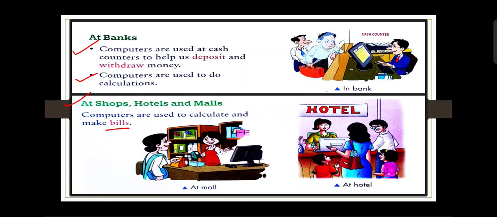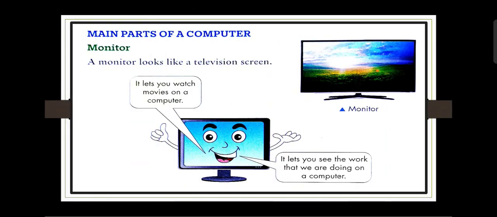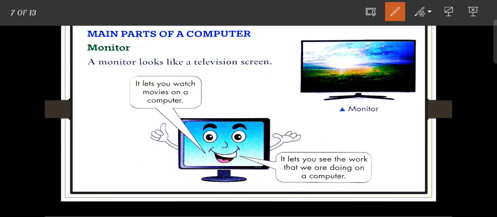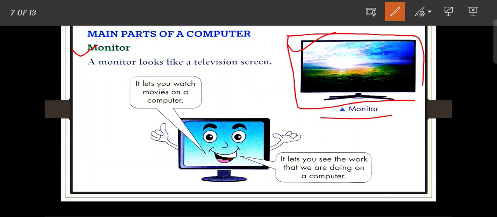Next topic is the main parts of a computer. So first part is the monitor. This is a monitor, and a monitor looks like a television screen. Here you can see this monitor looks like a TV, a television screen, and it lets you watch movies on a computer.